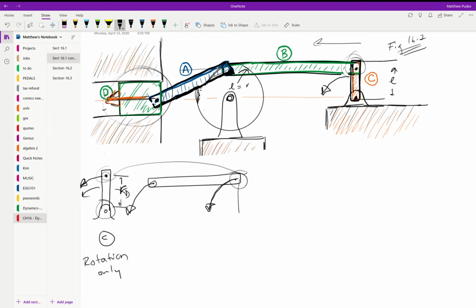So this one moves in a circle, and this one moves in a circle, right? Alright, so that is B. And since it didn't have a regular translation, it took a curved path, we'll call it a curvilinear translation.